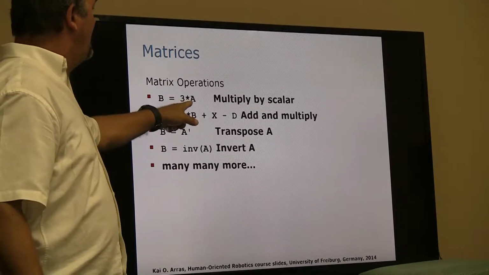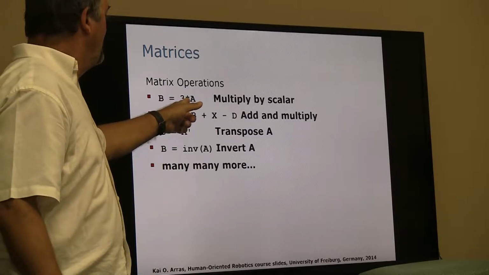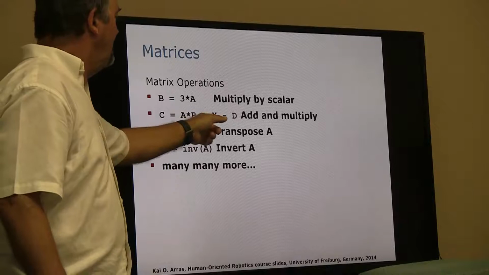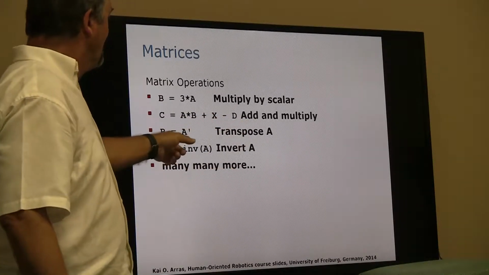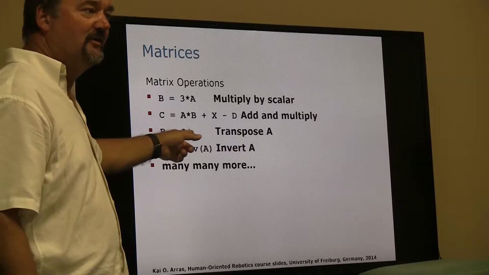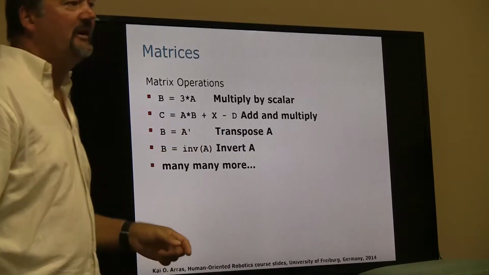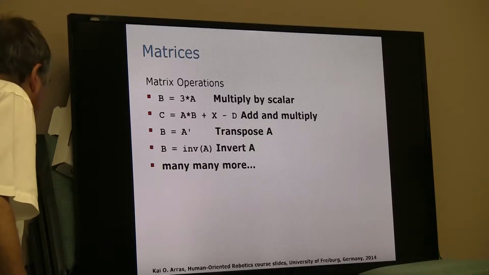Here's multiplying by a scalar, which we saw, multiplying by 0.001. Here's 2 matrices being multiplied and then added to a 3rd matrix and a 4th matrix subtracted. Here's transposing, the tick mark for transposing a matrix, the inv function for inverting a matrix, and there are many more for determining eigenvalues and determinants and all kinds of stuff.